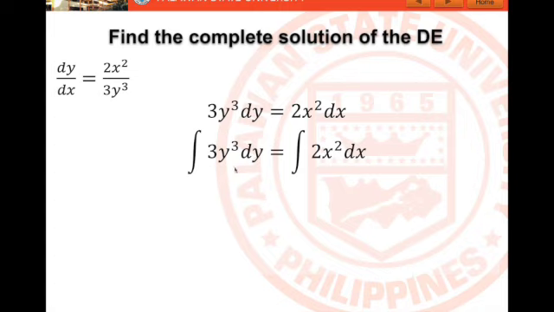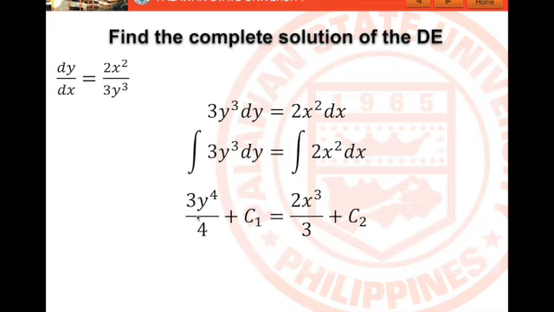As you can observe, we can find the complete solution here by simply using the power formula. So this is just y cubed plus 1, so that's y to the fourth, 3/4 of that, 3/4 y to the fourth, plus of course the arbitrary constant c1, and to the right side we have x squared plus 1, that's x cubed, divided by 3, plus the arbitrary constant c2.